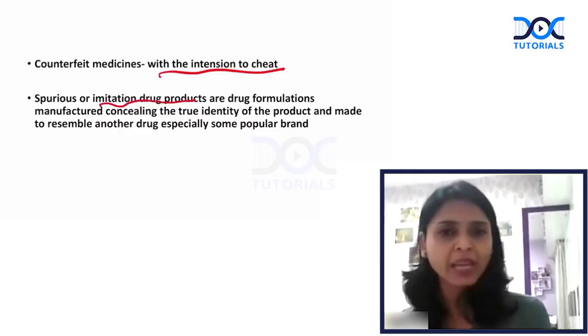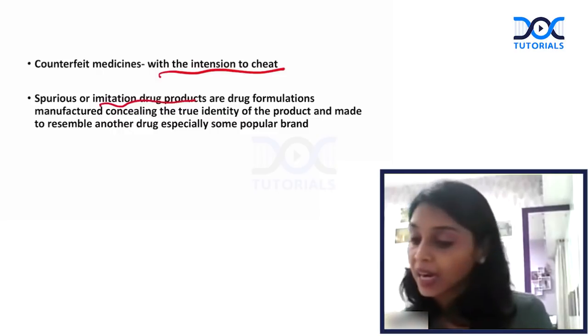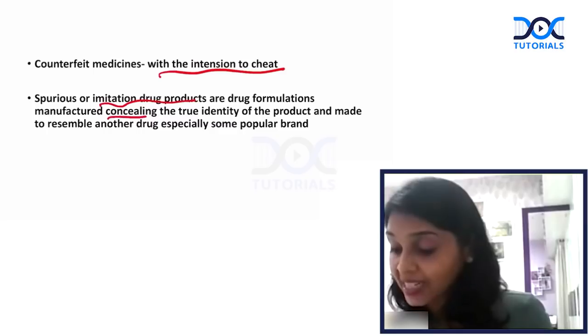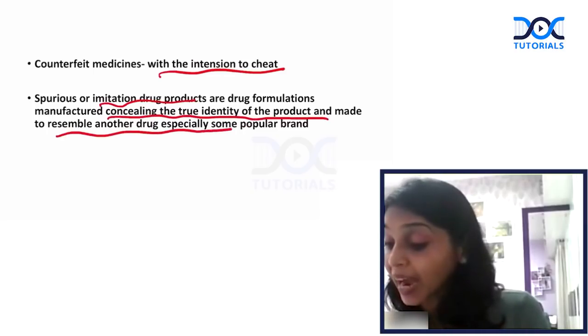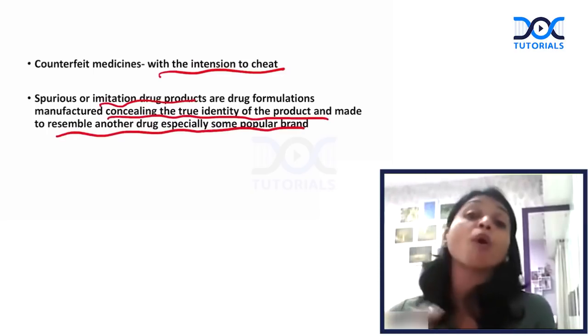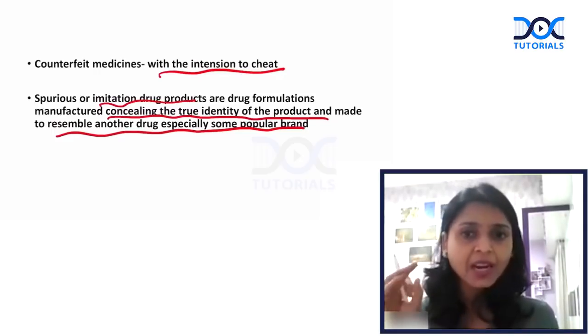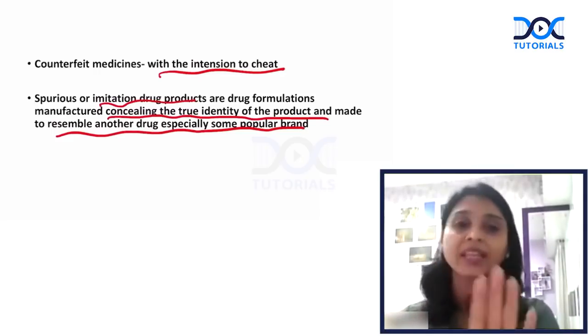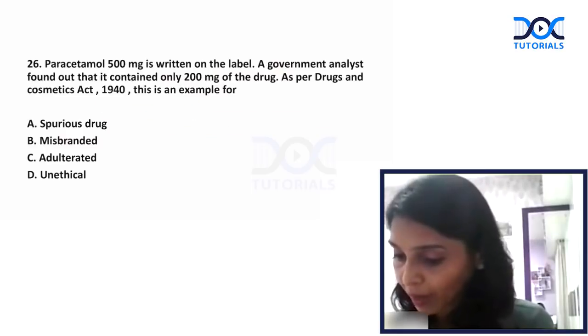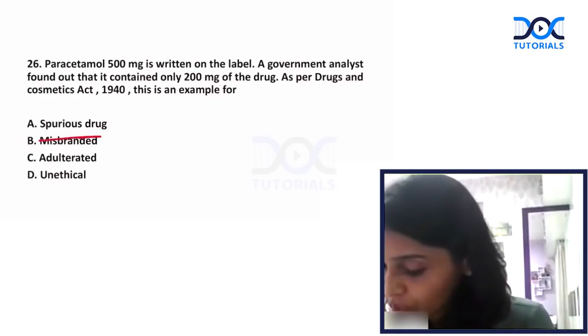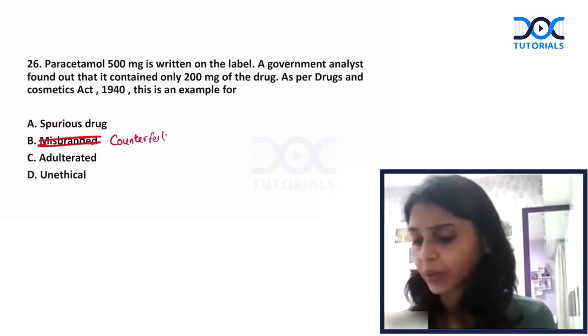Spurious means it is a drug they are manufacturing, concealing the true identity of the product and made to resemble another drug, especially of some popular brand. That means counterfeit was an option. Then you can definitely go for counterfeit. Let me go back. Sorry, this was not there. It is counterfeit. Then you can go for counterfeit. Okay.